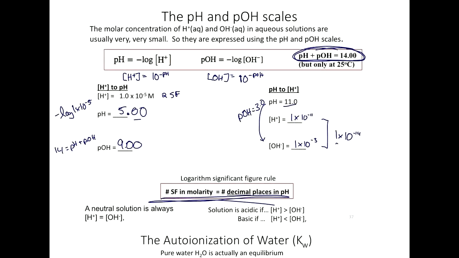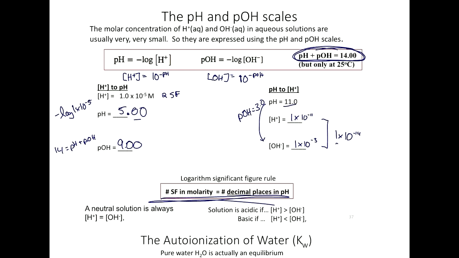So in terms of quantifying if something's acidic or basic, we actually want to look and compare the relative amounts of H plus and OH minus present in a solution. H plus is acid, OH minus is base. So whichever one is bigger is whether the solution is acidic or basic. That is the true definition of acidity.